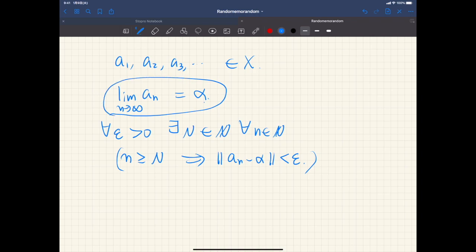If this holds, then we say this sequence a_n converges to alpha. Okay, so in this case, the sequence may not be just a sequence of real numbers. It can be a sequence of vectors. So this is any set on which a norm is defined. So we can apply this notion of convergence of a sequence to a more general space.